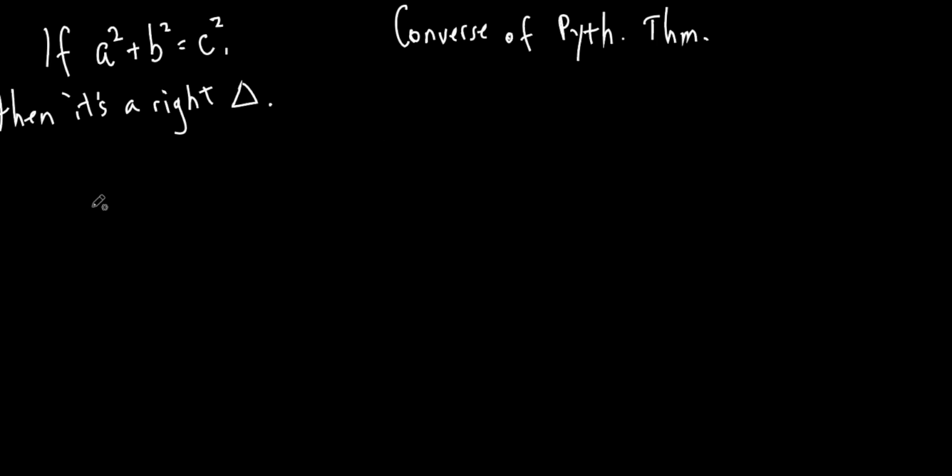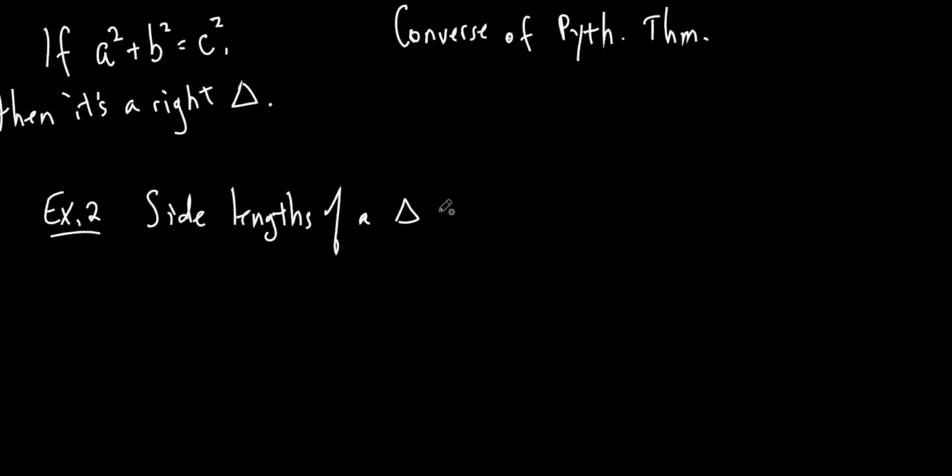So here's what they're going to give you. Here's an example. This is example 2. We just did example 1. If they give you the side lengths of a triangle, now they don't tell you that this is a right triangle. The side lengths of a triangle are 5, 12, and 13.